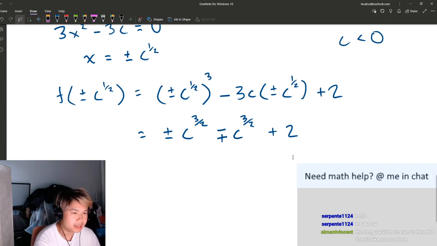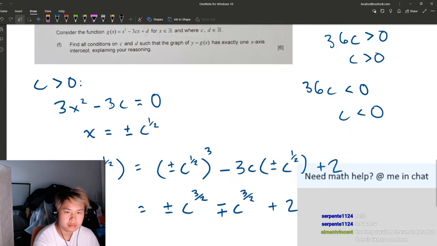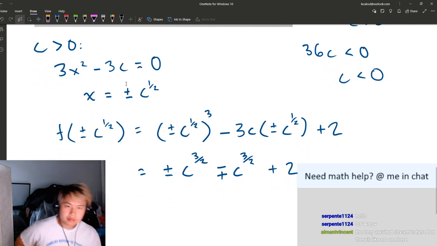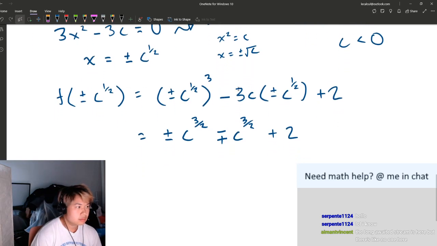Maybe I tried to do this too fancy. But this is definitely correct. Plus or minus the square root of c, right? Okay, that looks good.